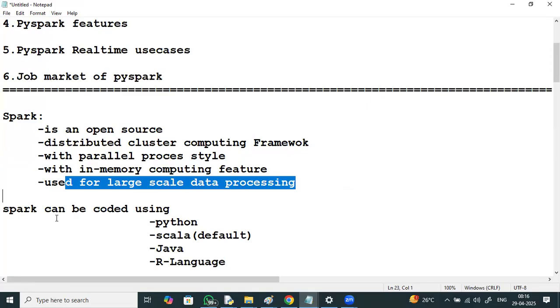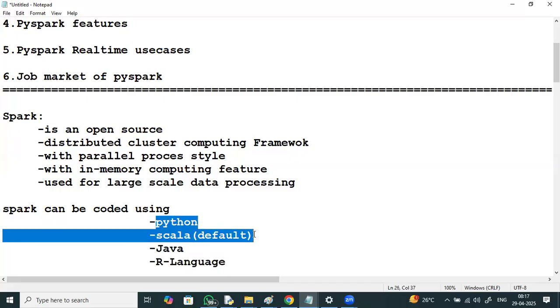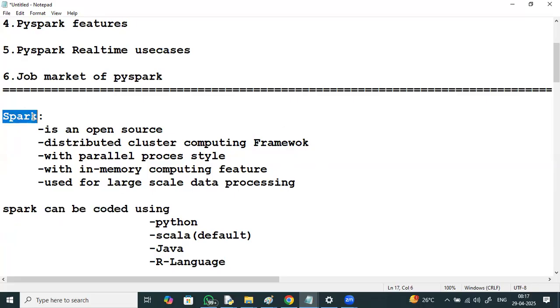Apache Spark is a processing model that can be coded using Python, Scala, Java and R. Mostly used are Python and Scala. Spark is a general engine for big data analysis, processing and computation.